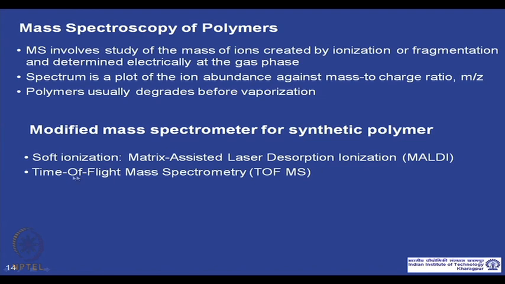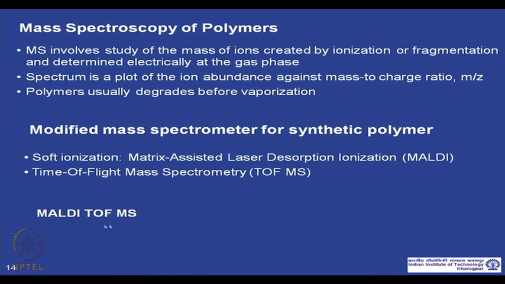We also use a second technique called time of flight mass spectroscopy, and in combination of these two techniques we get MALDI-TOF MS, matrix assisted laser desorption ionization time of flight mass spectroscopy, which is nowadays very important and very common for polymer samples.